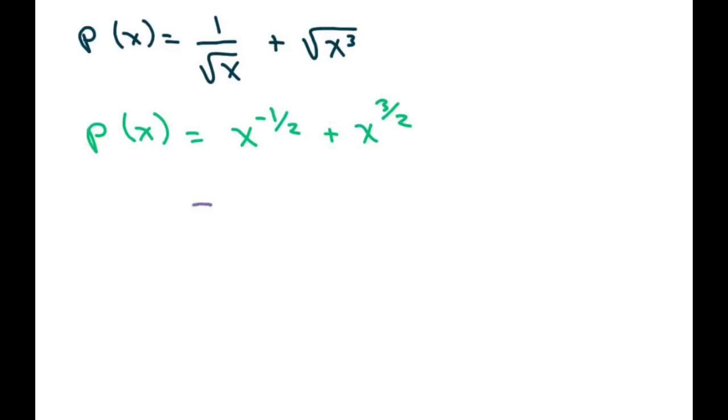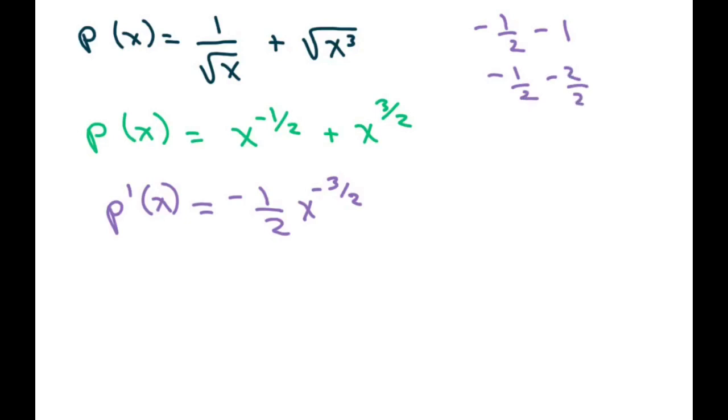So we're going to differentiate this now to get negative 1/2 x to the minus 3/2, which is negative 1/2 minus 1, the same as negative 1/2 minus 2 over 2. Okay, then you have plus 3/2 x, and if you subtract 1, this is a 1, that gives you to the 1/2.